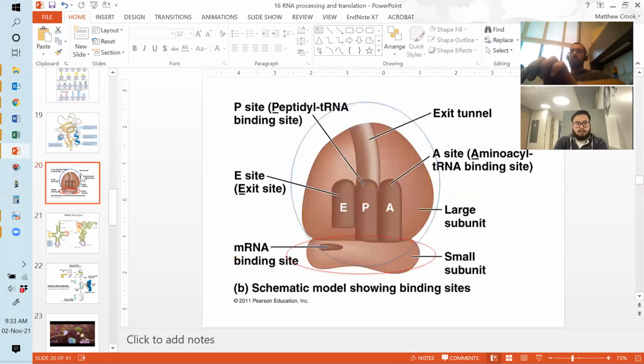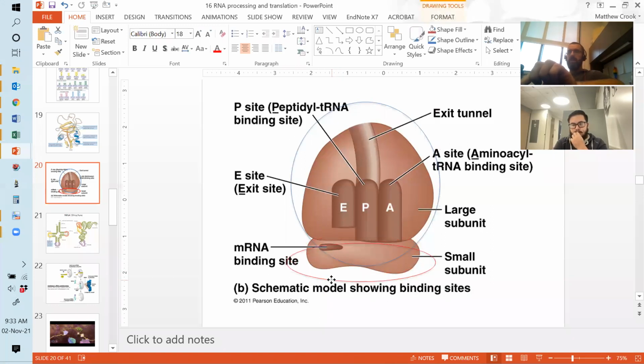Going back to the ribosome, essentially you have 2 subunits. These are actually made up of a lot of proteins and several RNAs as well. We have the small subunit down here. This is responsible for binding the mRNA and moving along it.